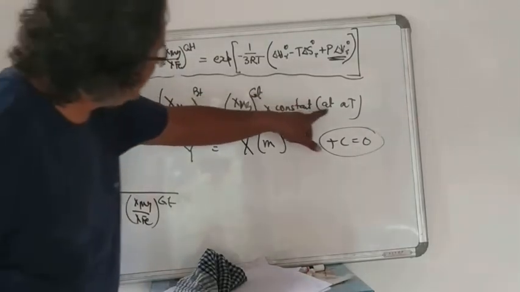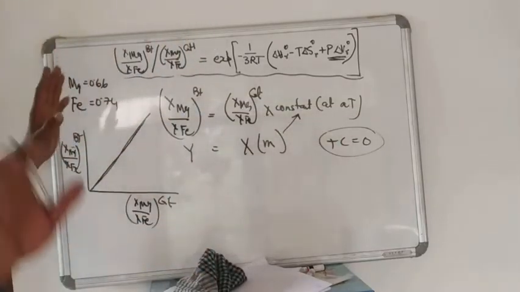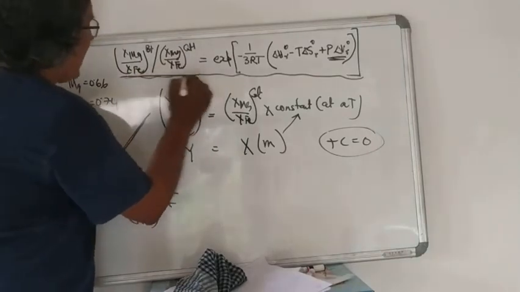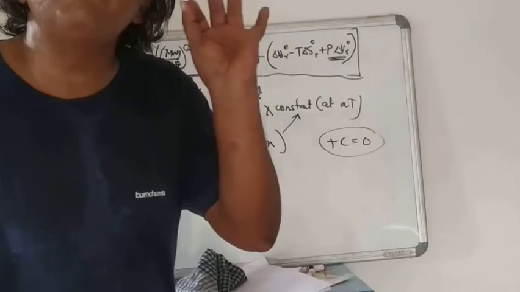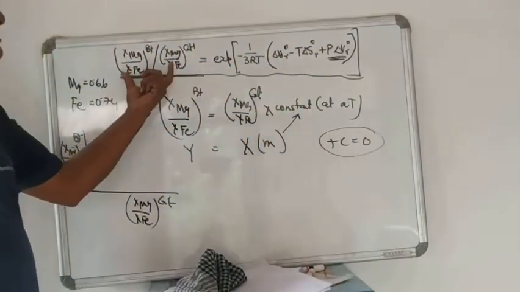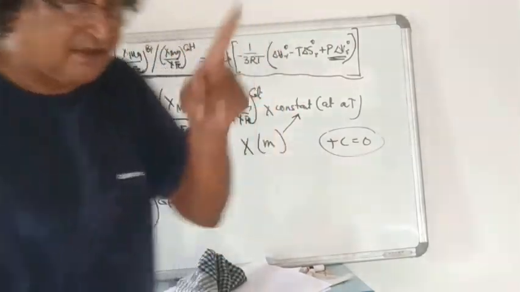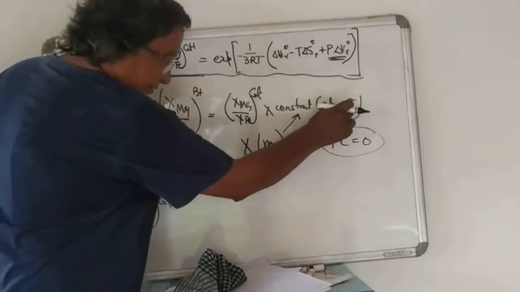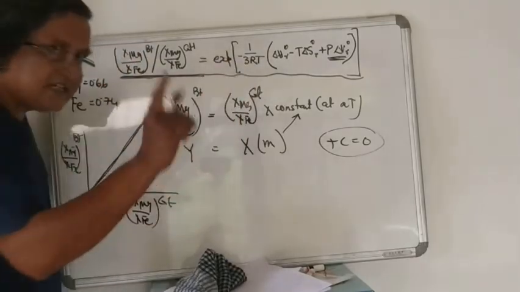But if, say for example, you change the value of that, no, that is why this is called an equilibrium constant. Because at a particular equilibrium, this value is a constant. But if you change the temperature value, then this remains a constant but a different value.